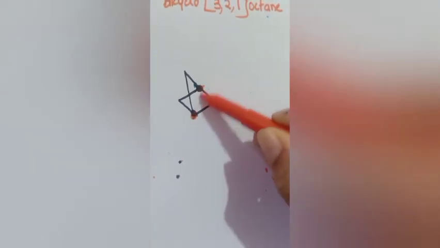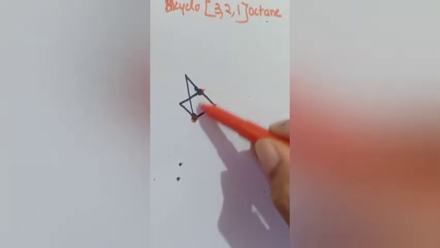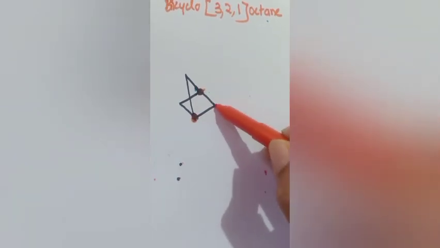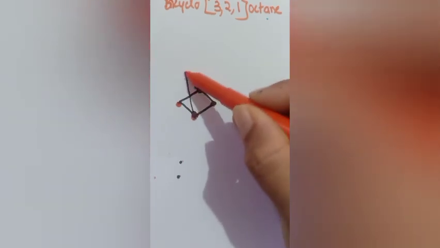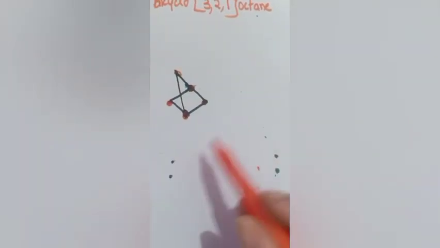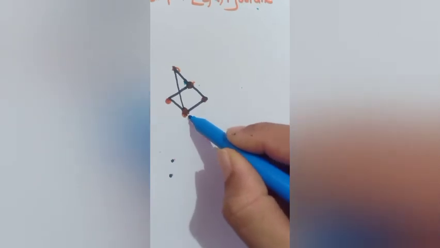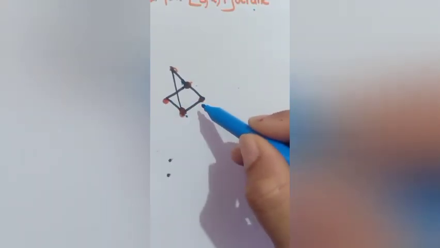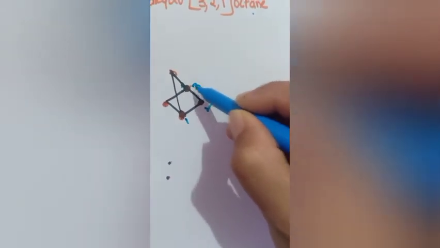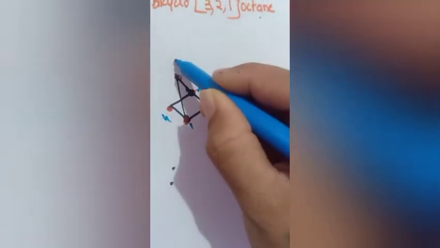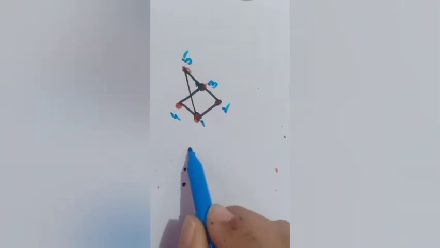So these are the two bridgehead carbons, and between these two carbon atoms there is one carbon atom here, one carbon atom here, and the topmost is one carbon atom. For this type of example, how do we give numbering? From both sides it has only one carbon atom, so we can number in any way: 3, 4 and here 5. So for this, how do we give the name?